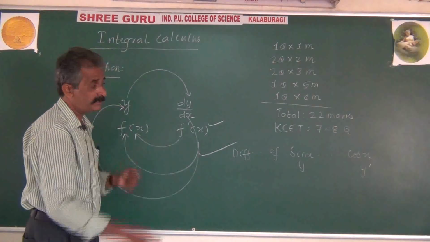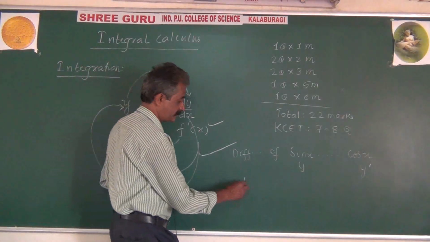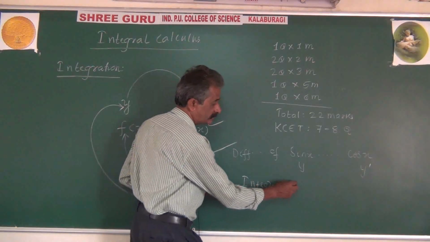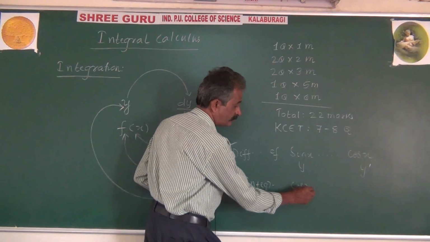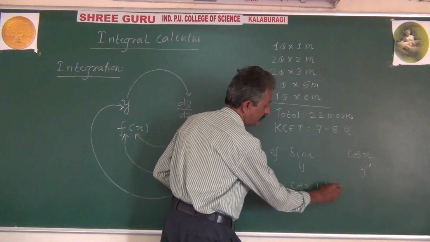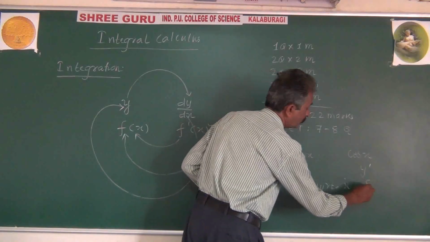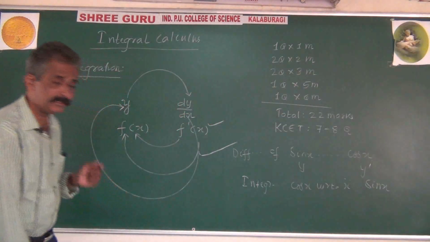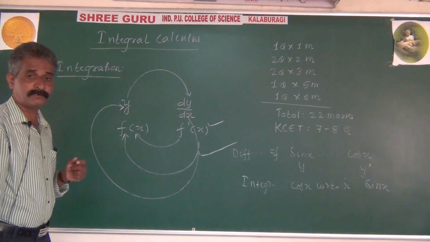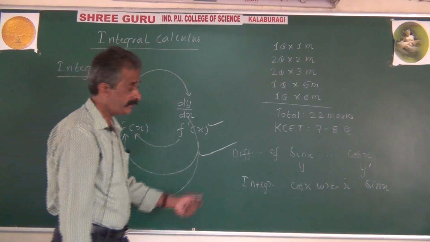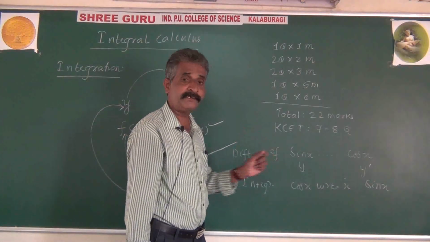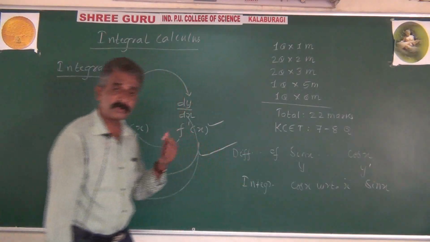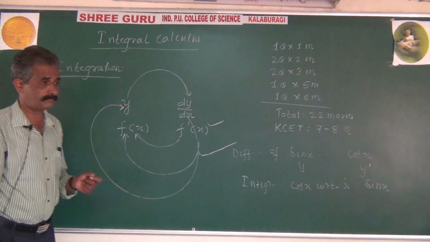In this topic, integration of cos x with respect to x will be equal to sin x. Observe, exactly opposite means reverse. That's why we say integration is antiderivative, anti-differentiation or converse of differentiation.